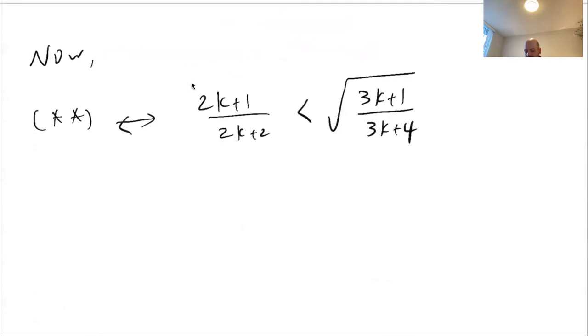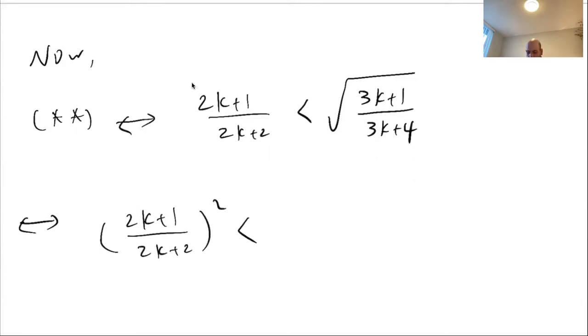Now, this inequality is equivalent with what? This one is equivalent with saying that ((2k plus 1) over (2k plus 2)) to the power 2 is less than (3k plus 1) over (3k plus 4), right?